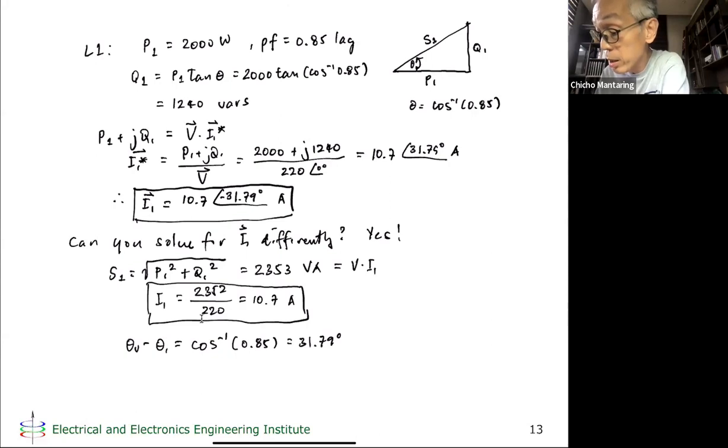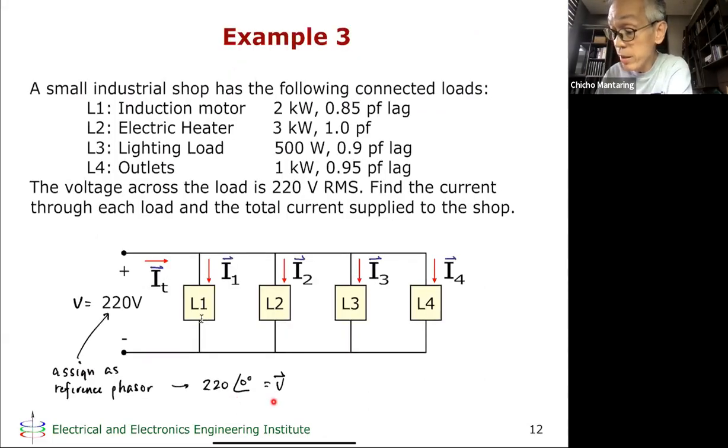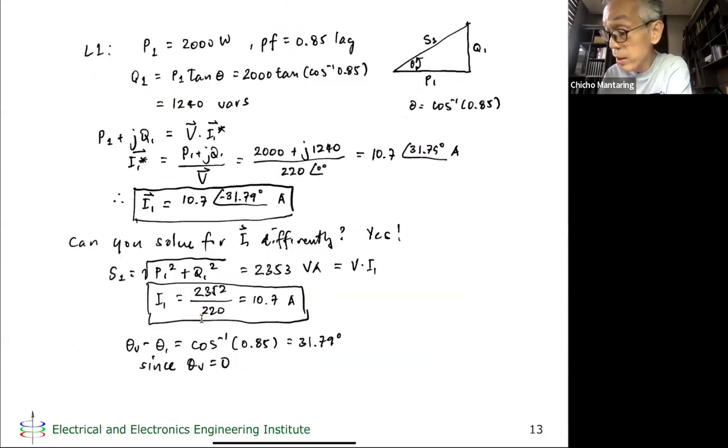Since theta V is equal to 0, theta I should be equal to minus 31.79 degrees. Putting these two together, I1 is just 10.7 at an angle minus 31.79 degrees amperes.